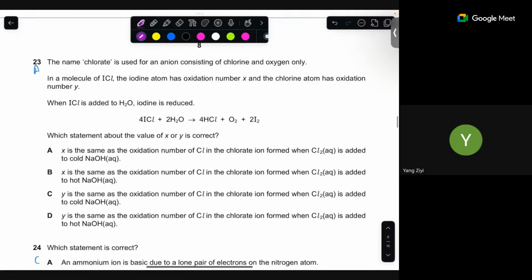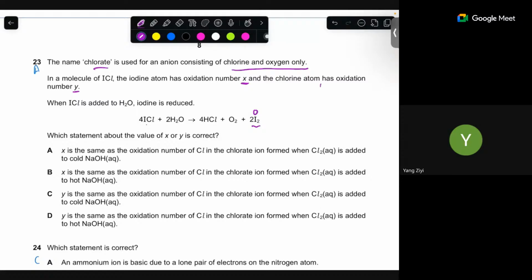Now 23. Chlorate is used for an anion containing chlorine and oxygen only. In a molecule of ICl, the iodine atom has an oxidation number of X, and the chlorine atom has an oxidation number of Y. When you add it, the iodine is reduced. Iodine here is 0, and here ICl. Let's read through.